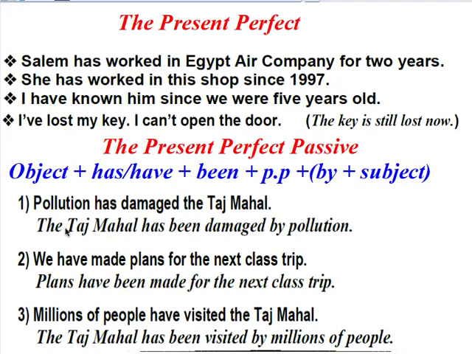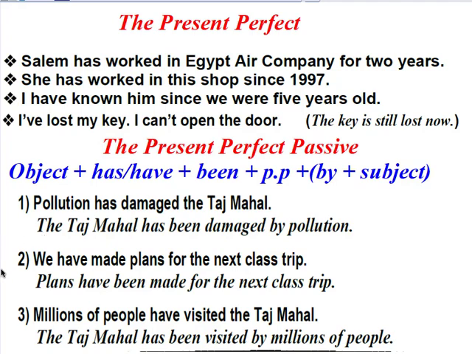At first we decided to start with the object, so the object is the Taj Mahal. We have to use has or have according to the object itself. The Taj Mahal is singular, so you have to use has, followed by been, so the Taj Mahal has been, plus the past participle damaged, and you can say by pollution, the subject. So the answer is the Taj Mahal has been damaged by pollution.